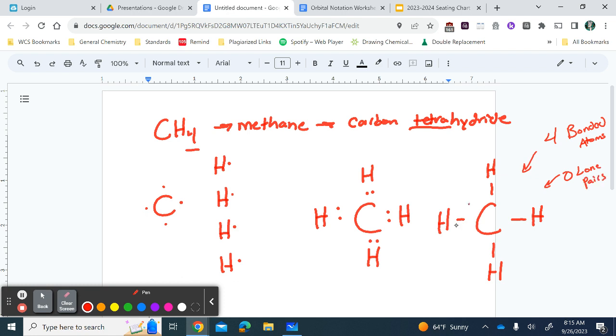If I drew 2 electrons right here, we would say carbon has 1 lone pair. But it has 0 lone pairs because these 2 dots aren't supposed to be here. And so when we add our bonded atoms with our lone pairs, we get this thing called electron domains. So if we have 4 bonded atoms and 0 lone pairs, we're going to say that there are 4 electron domains in this methane molecule.